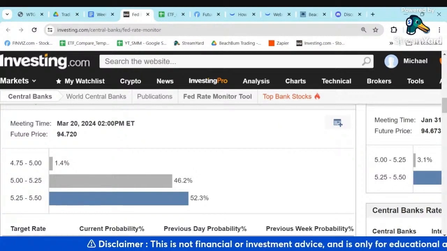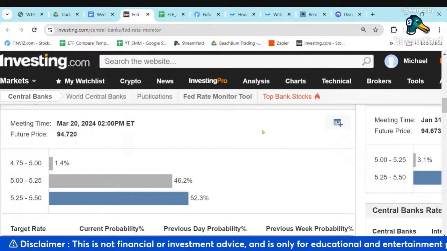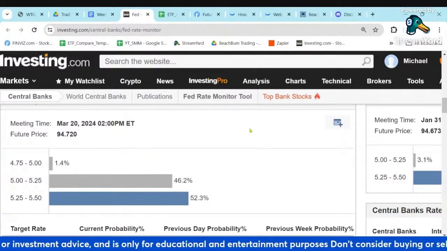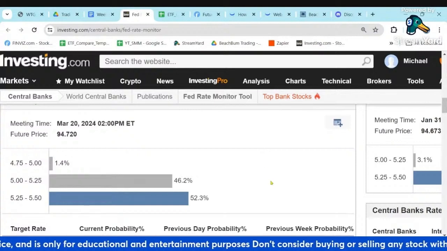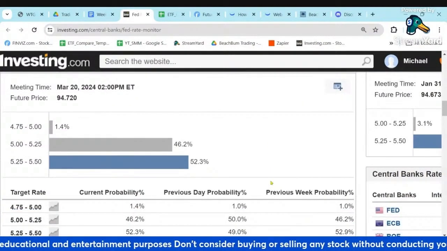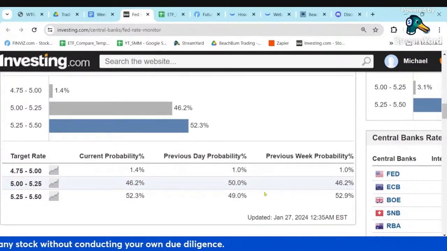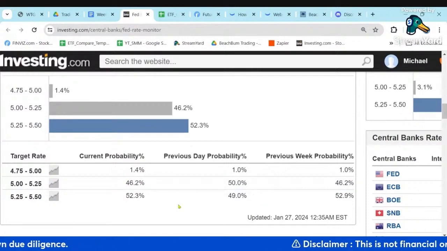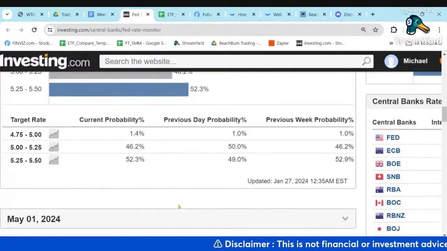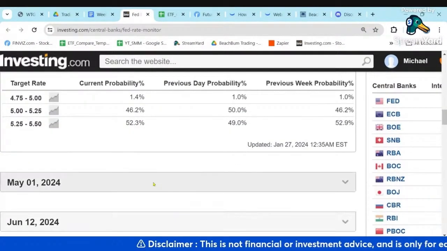If they do see more than one cut, I think they'll cut early, maybe June, July, and then they don't want to do it right before the election, as that might appear to favor one candidate or the other, whether they cut or don't cut. Again, I think they're going to stress that it's data dependent and do all they can to make it appear that it is data driven and not at all politically motivated.